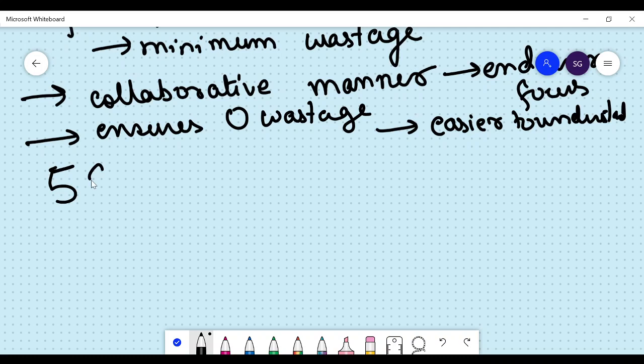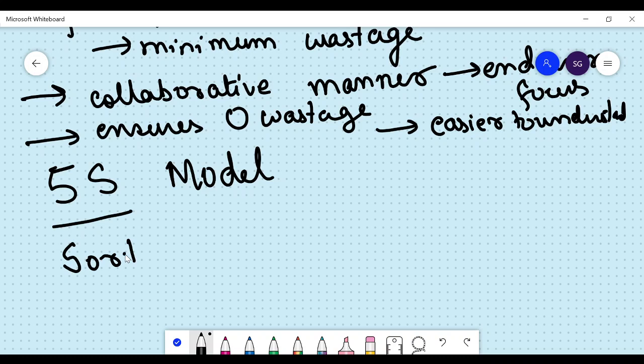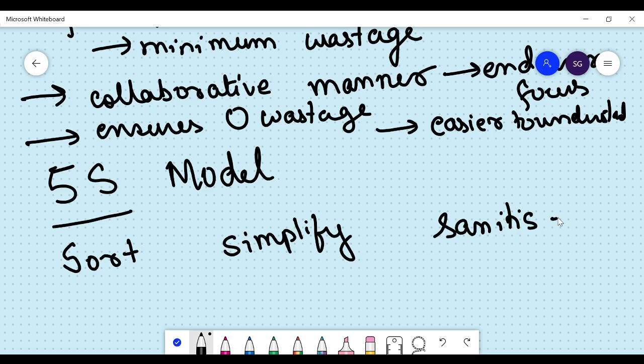Next topic is 5S model. As the name suggests, this model has 5S, which is sort, simplify, the go-to word nowadays, which is sanitize. Next is standardize.